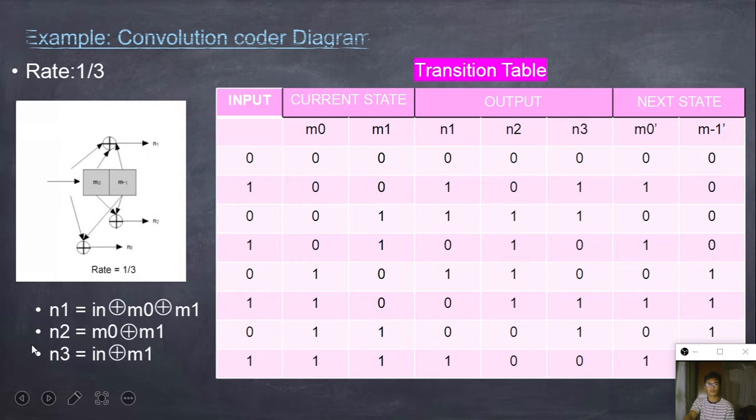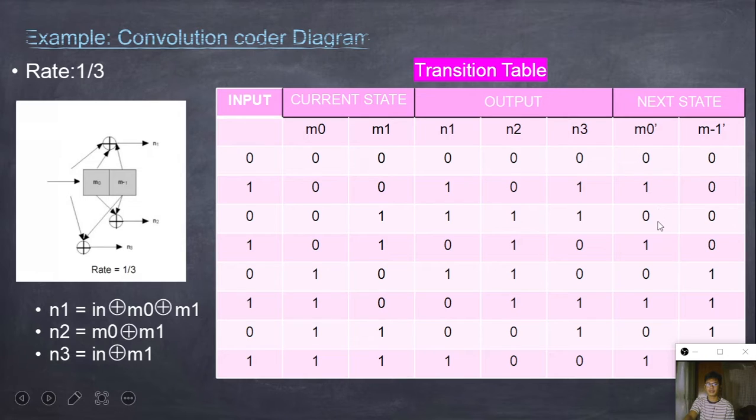So for N2, M0 0 XOR M1 1, the output is 1. For N3, input 0 XOR M1 1, so the output is 1.